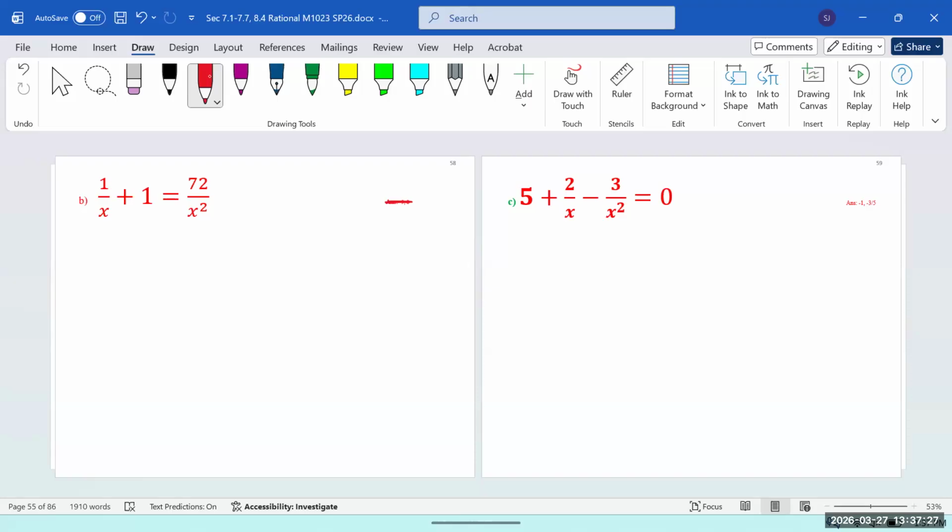So 1 plus 1 is 2 of them. That we multiply by x. But this one doesn't have one x squared.